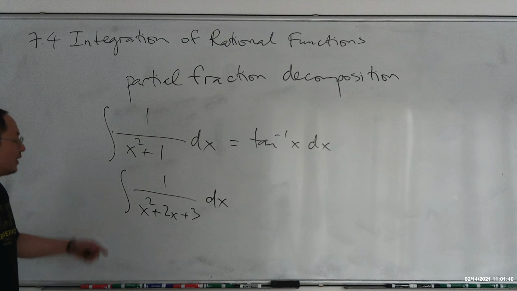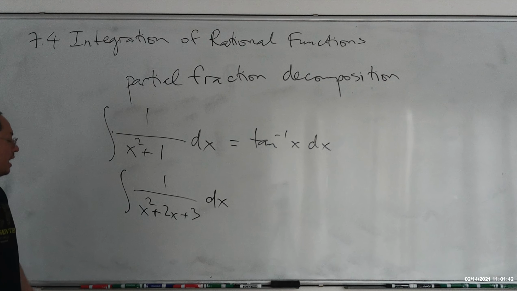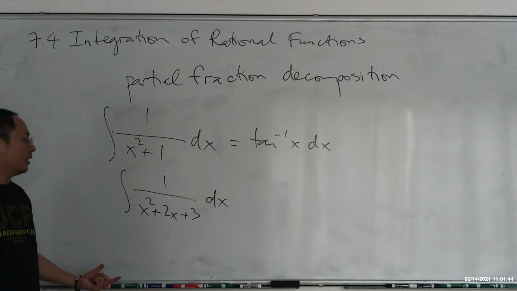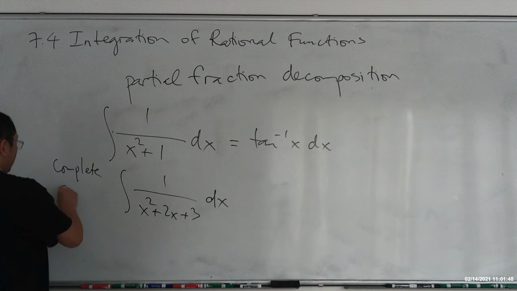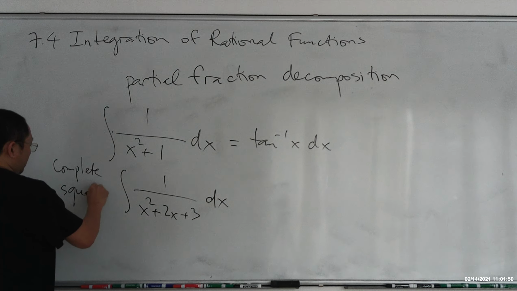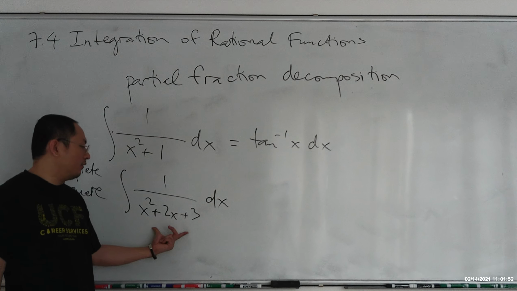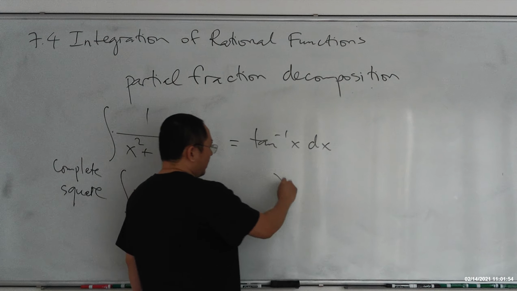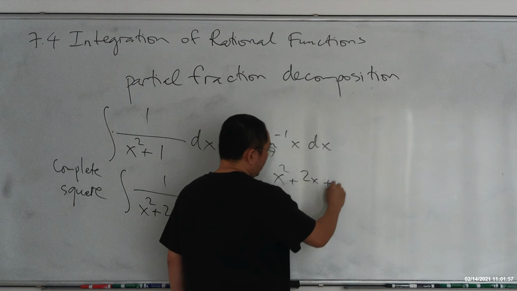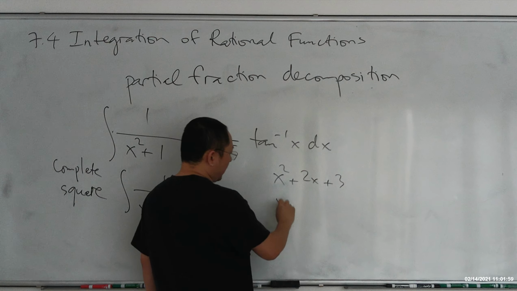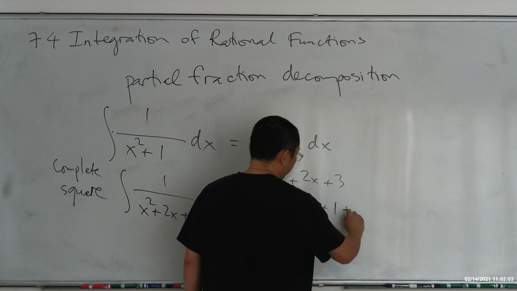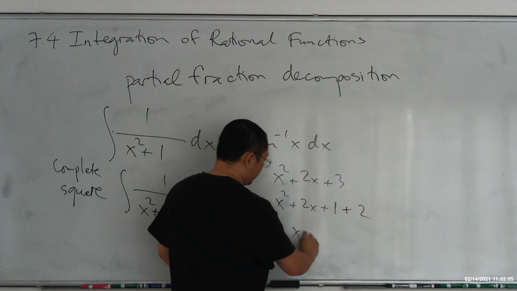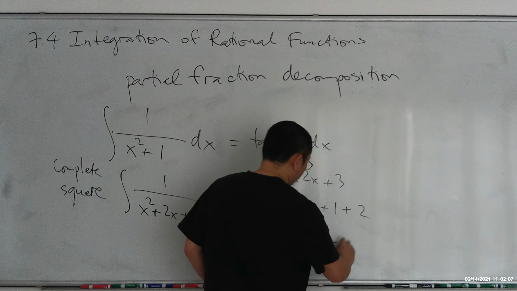And we have to use a technique that we already learned a long time ago in college algebra and pre-calc, something called completing the square. We're going to make it a perfect square plus a constant. So x squared plus 2x plus 3 can be rewritten as x squared plus 2x plus 1 and then plus 2, and this is x plus 1 squared plus 2.